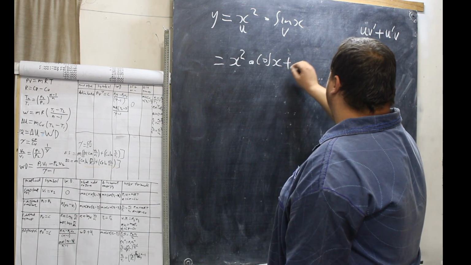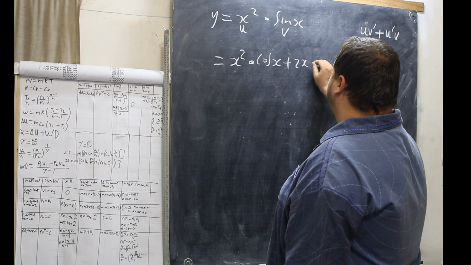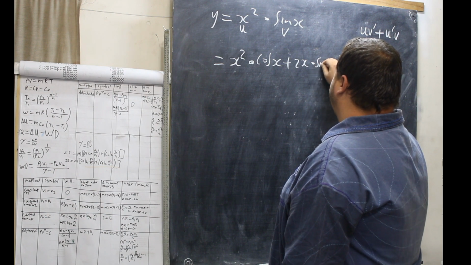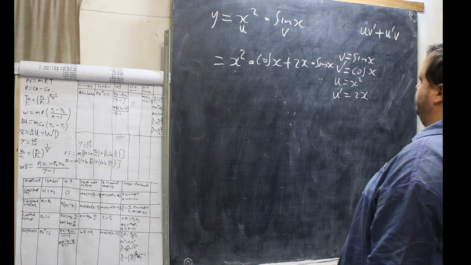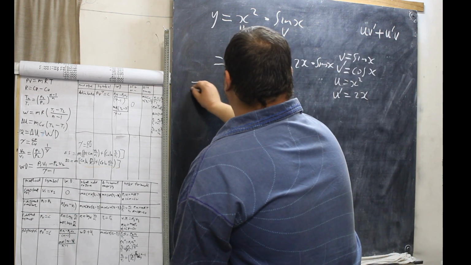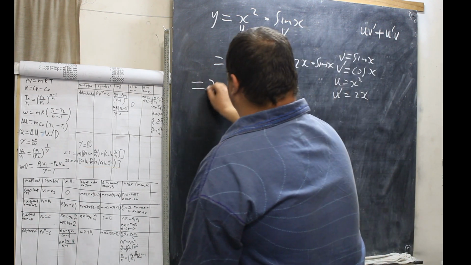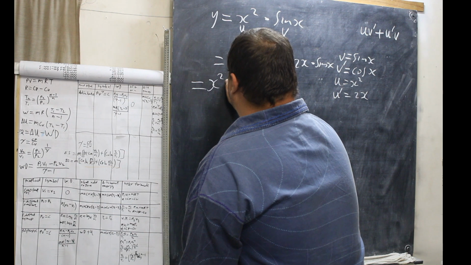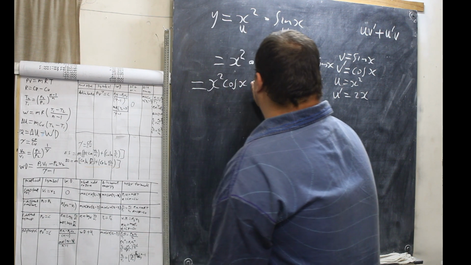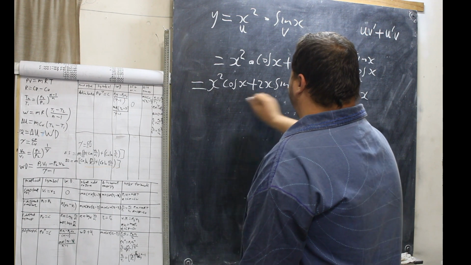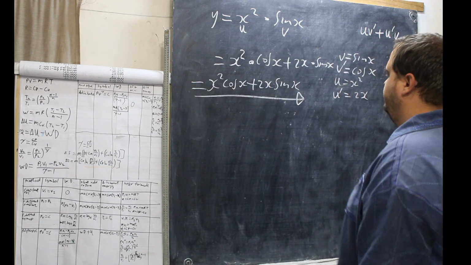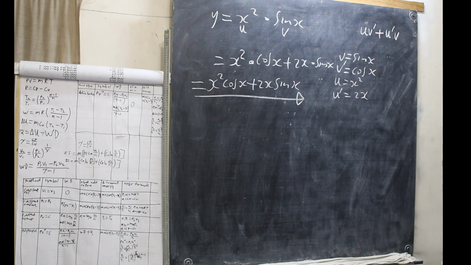So plus 2x times sine x. And now we can put it all together: x squared cos x plus 2x sine x. And that is the final answer for that.